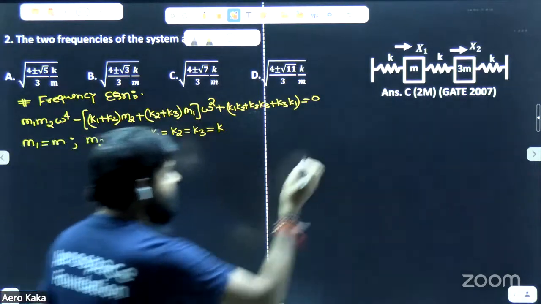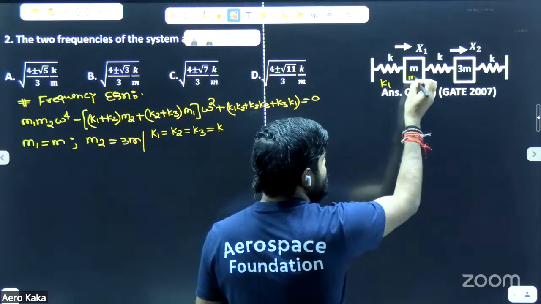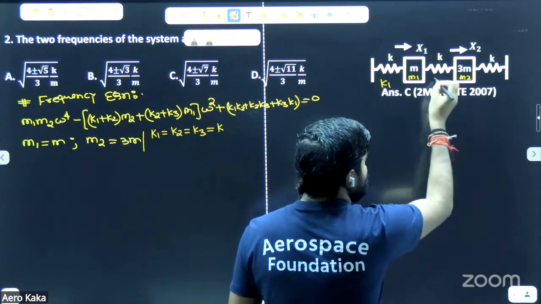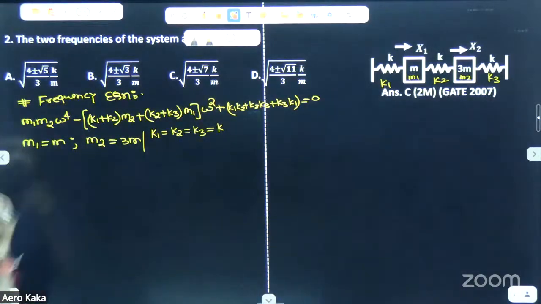So just compare: let's say this is k1, this is the first displacement, this is m1, this is m2, this is k2, and this is k3. Just substitute and find out the natural frequencies.